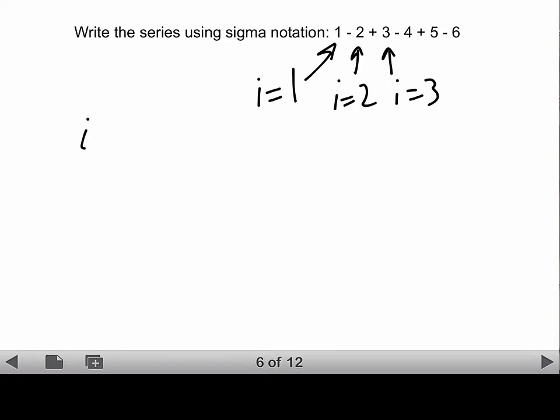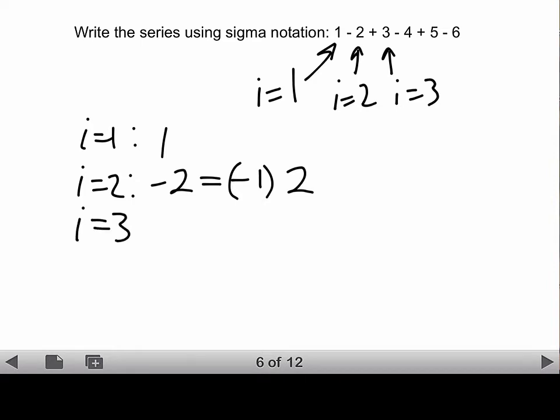If when i equals 1, I have 1, and when i equals 2, I have negative 2, and that pattern continues, I can see we have alternating signs. So somewhere in here, I need a negative 1 to show up.